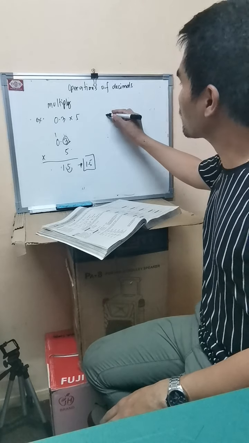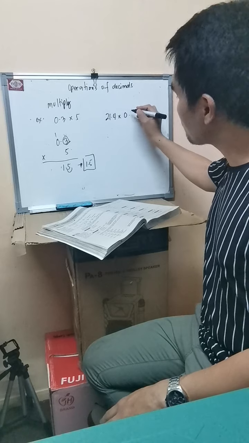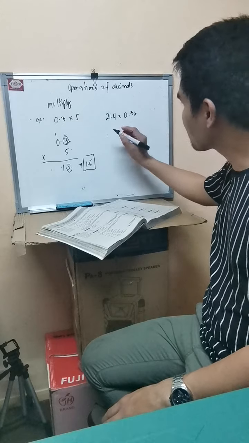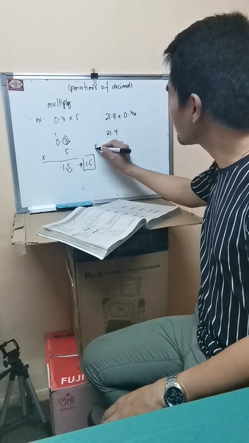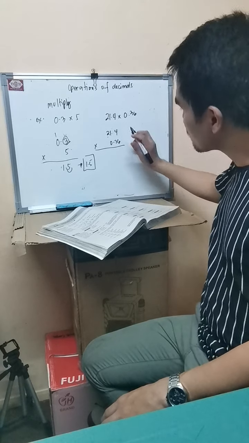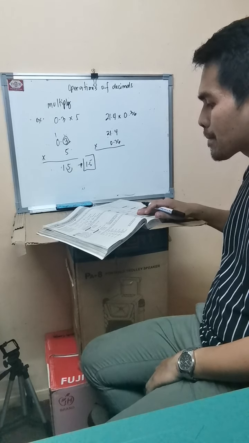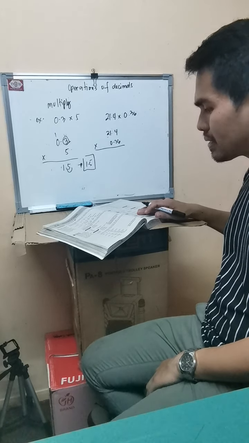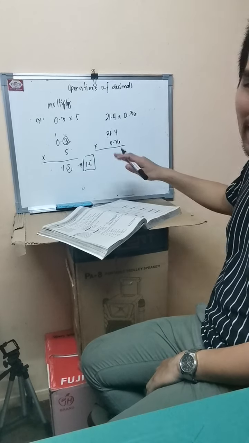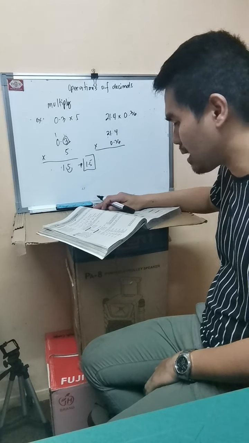Let's try this one. 21.4 multiplied by 0.36. So we will multiply this one. 21.4 times 0.36. So what we need to do here is we multiply the numbers as our multiplier. Like I said, it's not necessary to align the decimal point, but if you made, then let it be.